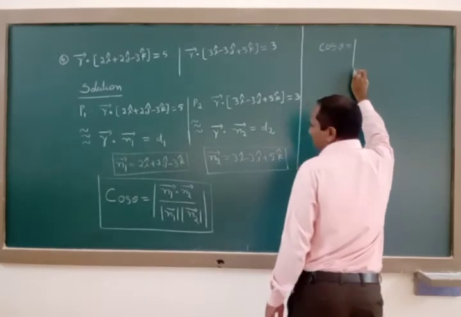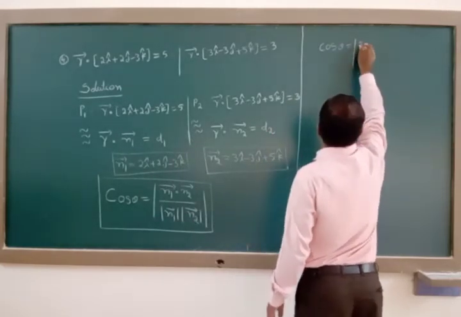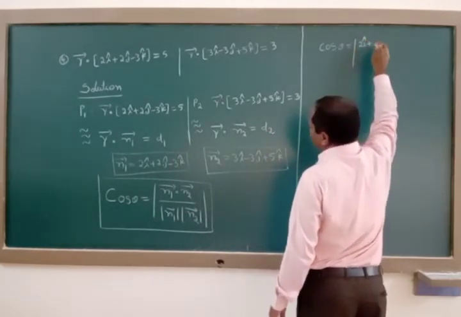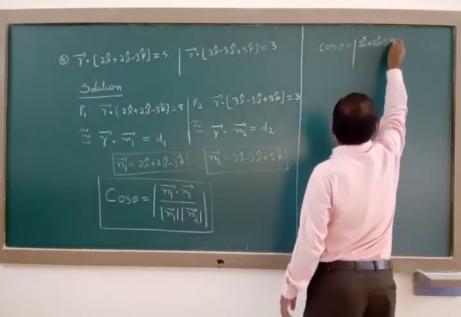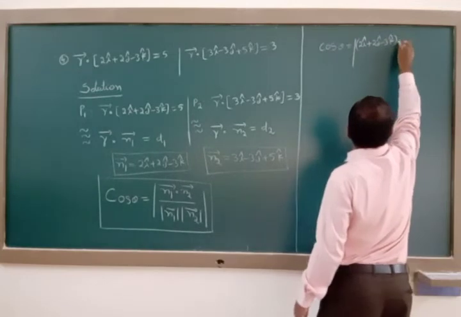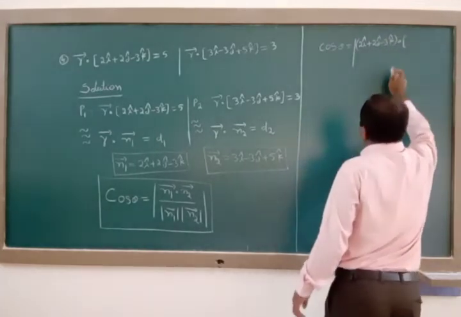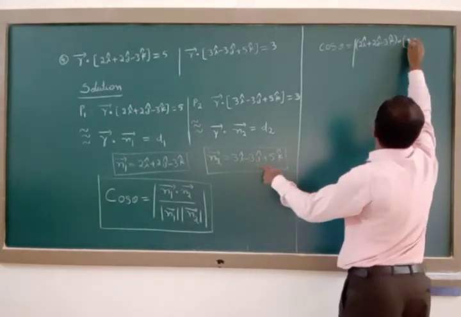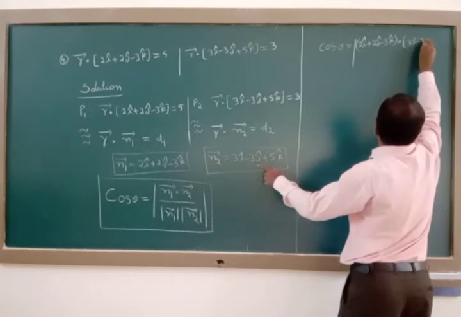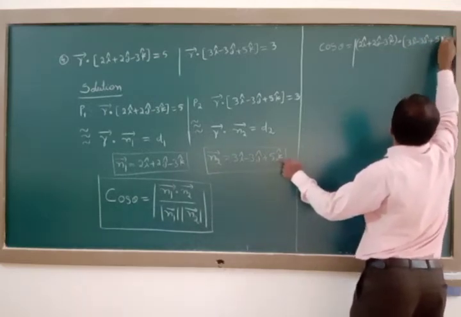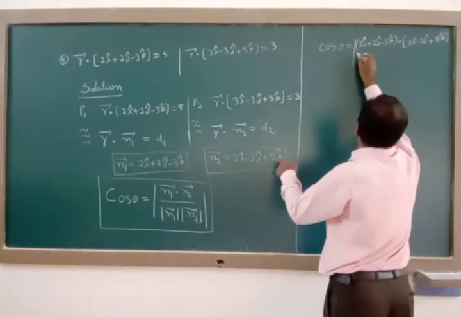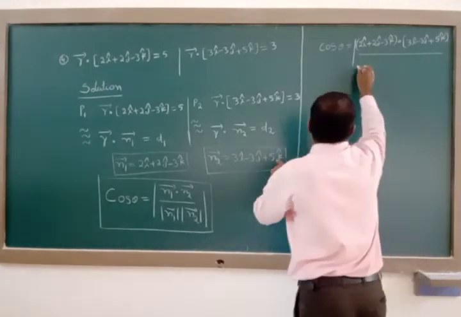modulus of n1 vector, which is 2i cap plus 2j cap minus 3k cap, dot next entry, 3i cap minus 3j cap plus 5k cap, whole divided by magnitudes.